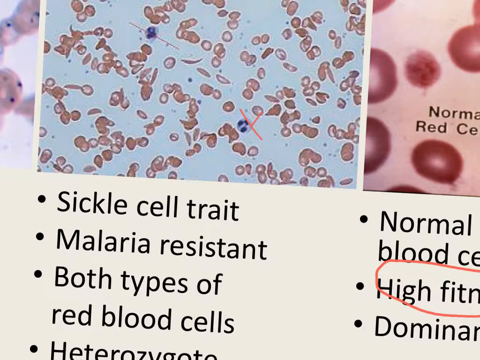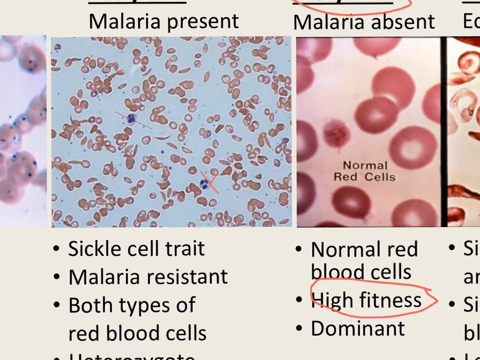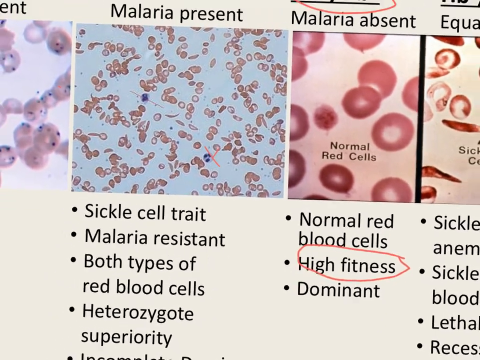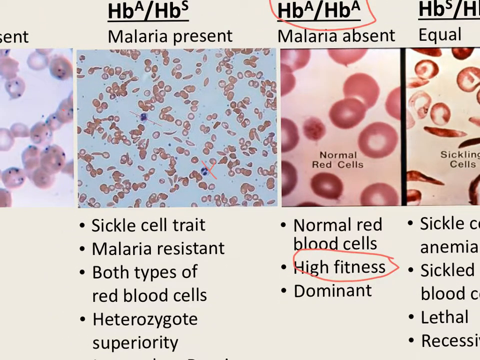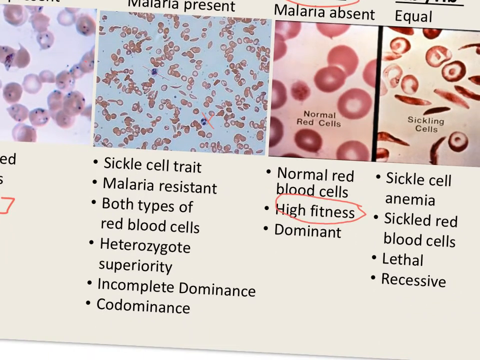These are just immune cells. But they're still kind of resistant to malaria. So in that case, we actually have incomplete dominance because we've got both. It's like red parts to a flower, white parts to a flower.